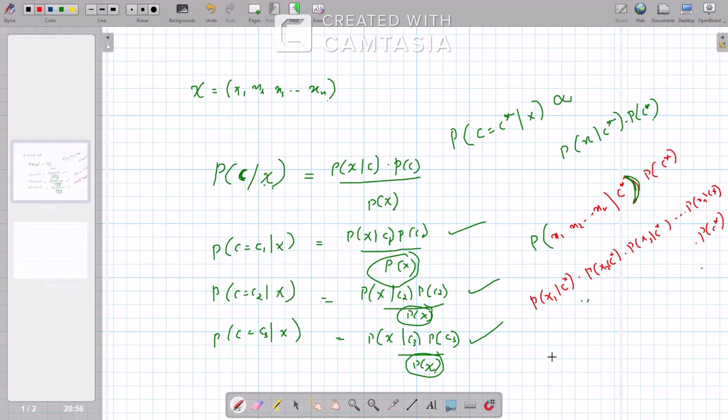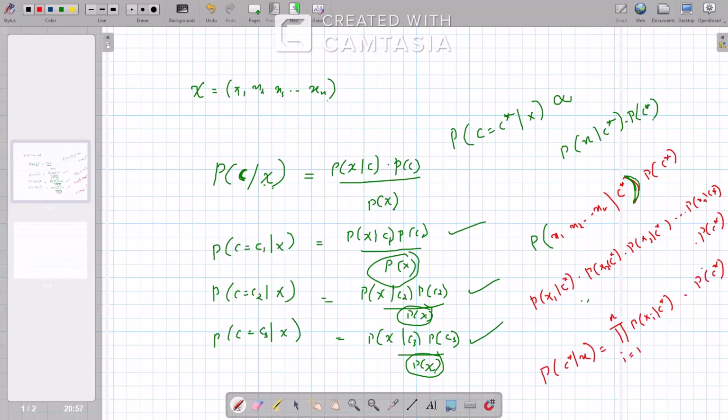And this could be represented as, probability of C star given X can be calculated as the product of i equal to 1 to n, probability of xi given C star into probability of C star.